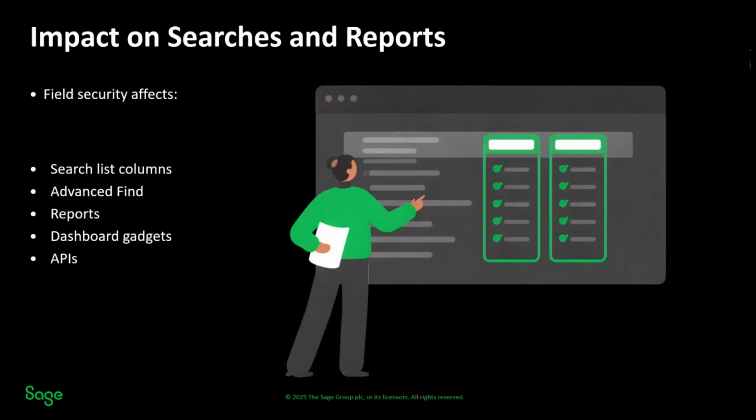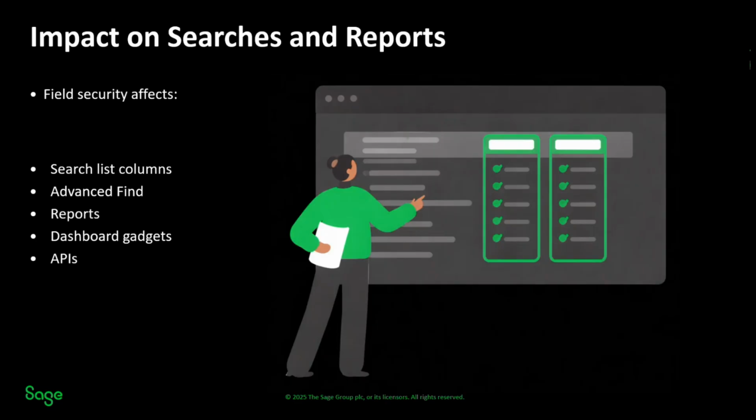I've just shown you the interface with the main Sage CRM interface, but this does have an impact everywhere within the system. So we're going to find that field level security affects everything from search list columns. If you're not allowed to see that column, it's not written out. It affects advanced finds. It affects reports. And because it's affecting saved searches, advanced finds, reports, it also has an impact inside dashboard gadgets as well. And it will even affect, as I'll mention in a moment, APIs as well.